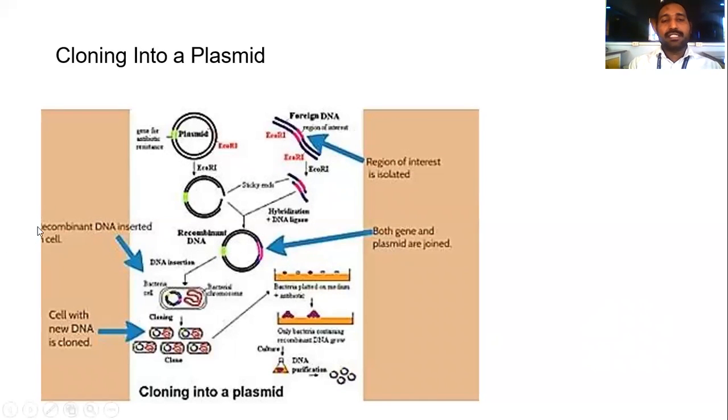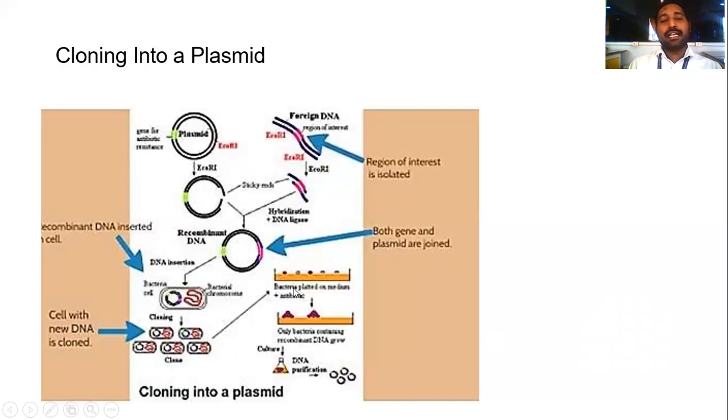So this is the ligation process, and once ligation has happened, it will become a hybrid molecule, and from this you can obtain the recombinant DNA molecule. This recombinant DNA molecule will be inserted into the host cells, and these host cells will continuously produce these vectors, and it will get expressed.